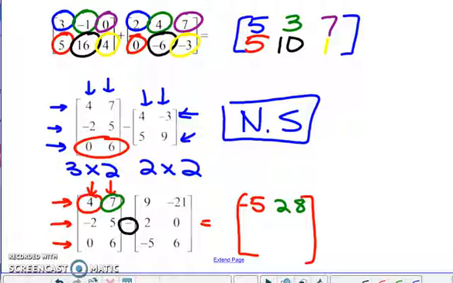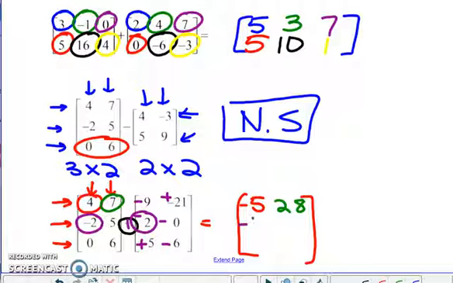Little tip. Instead of worrying about the negative every time, remember how you can add the opposite? If you don't want to keep referring to that negative, we can add the opposite of all of these. Well, the opposite of 0 is 0. And then we just do the same thing.